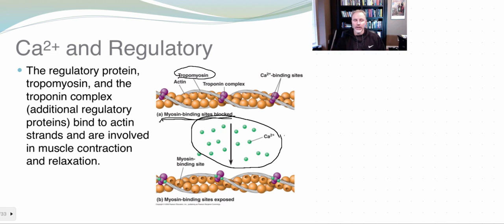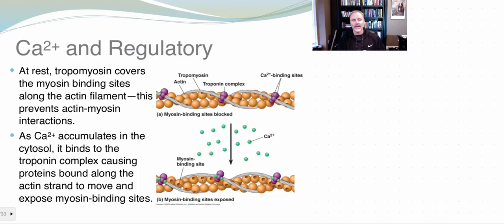when we have calcium present, the calcium binds to the troponin complex, this purple thing here, causing the tropomyosin to slide, basically, to move. The whole thing is going to move, and then you can see all of these myosin binding sites start to get opened up, and that's what they're going to grab a hold of when they're contracting, when they're pulling the actin together.